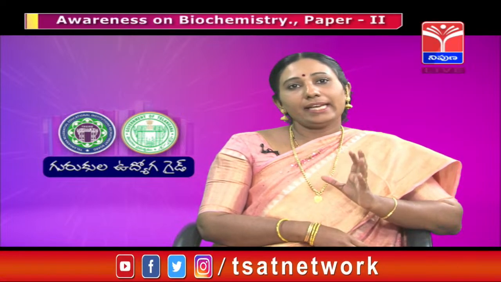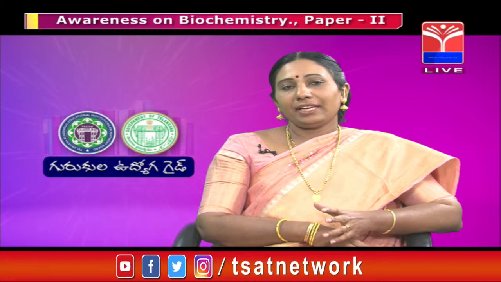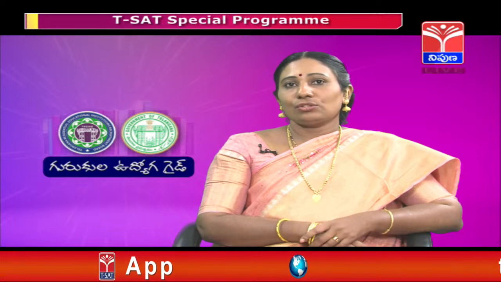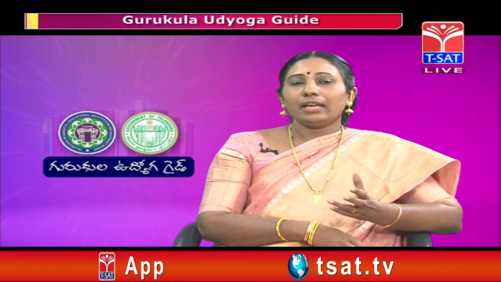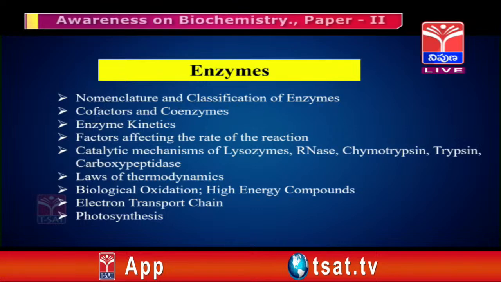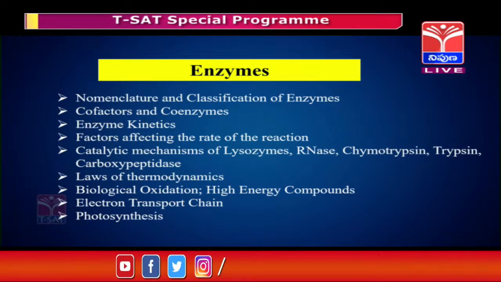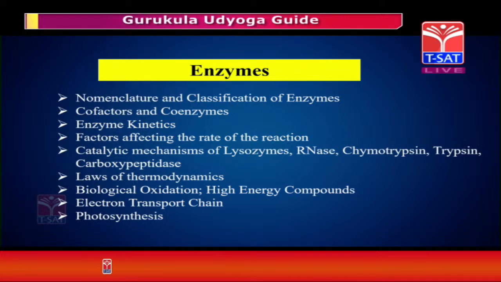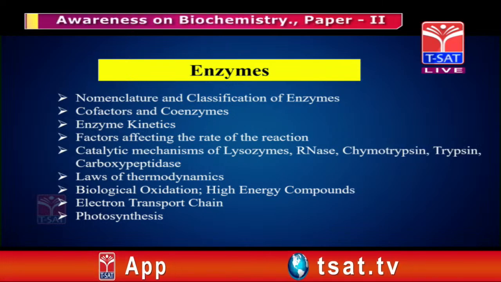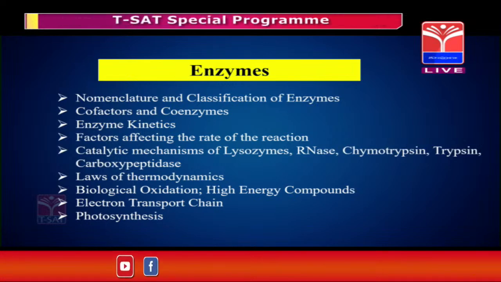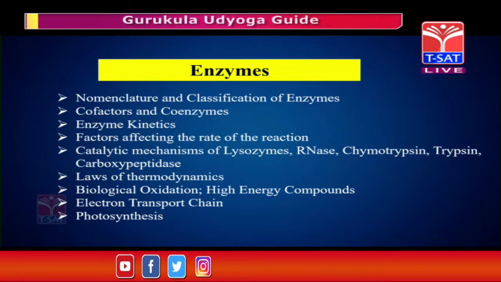One area is classification: the EC numbers of enzymes, the different classes of enzymes, like hydrolases, lyases, transferases, kinases, what the EC numbers for these enzymes are, and what kind of function these particular enzymes perform. If you have this information, classification and nomenclature of enzymes is a topic wherein you can attempt any type of question.